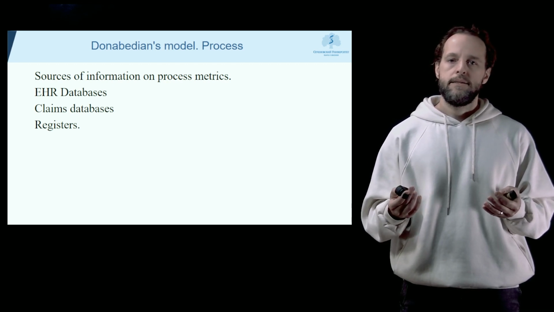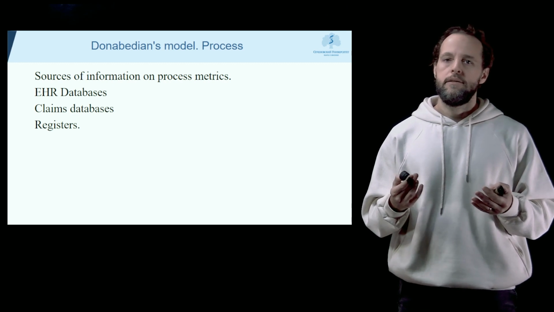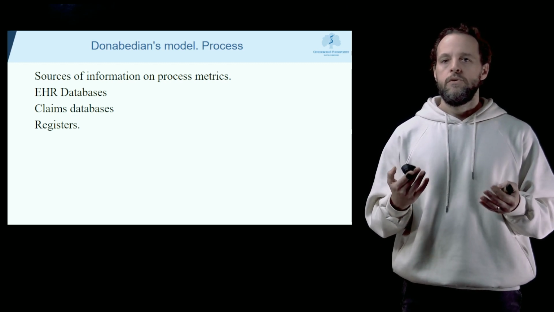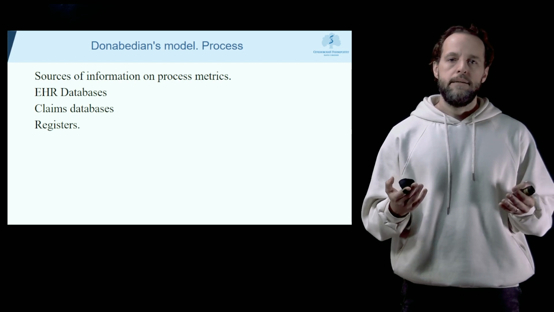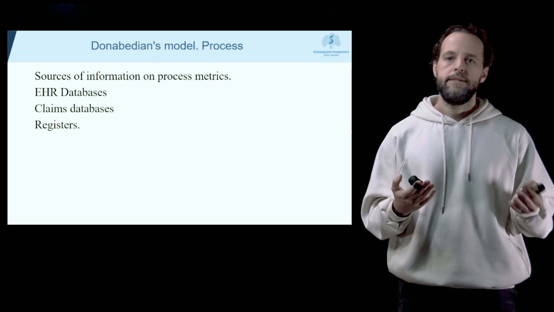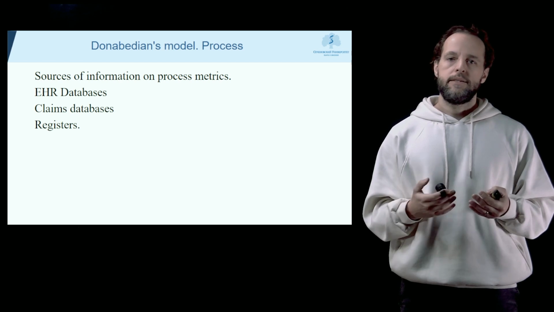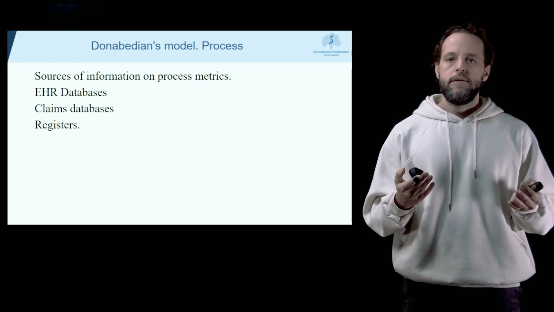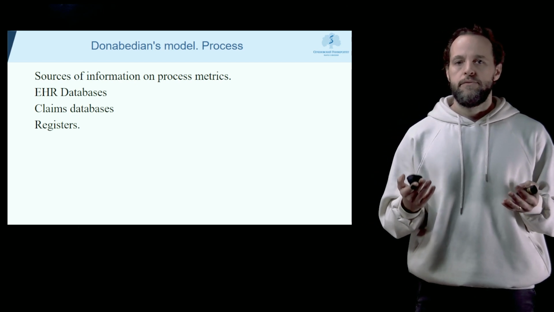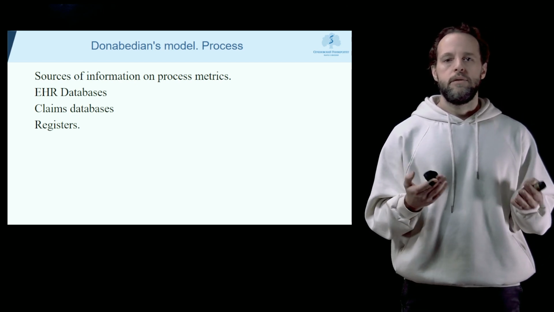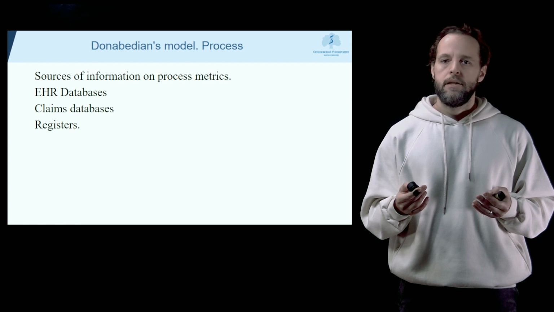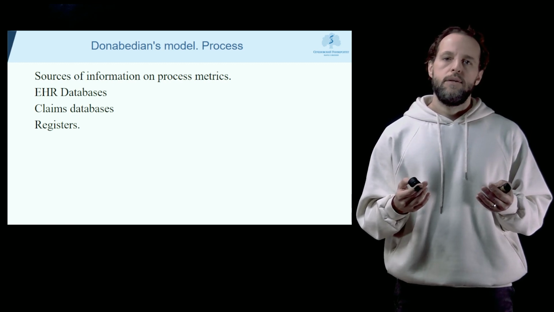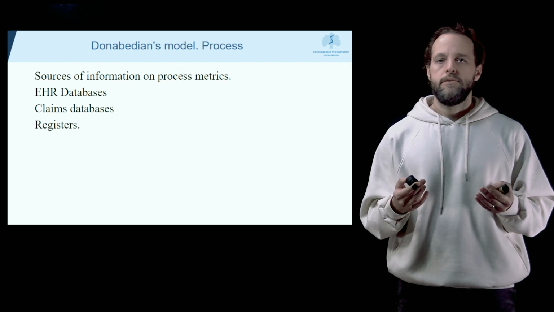Registries are databases designed to collect and compile relevant information on all or at least many patients with a particular disease or patients receiving a particular treatment, often in order to have a resource for monitoring or improving quality. One of the most important indicators of quality is the results of treatment.